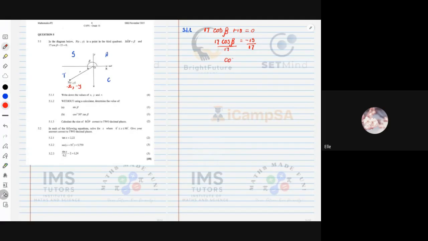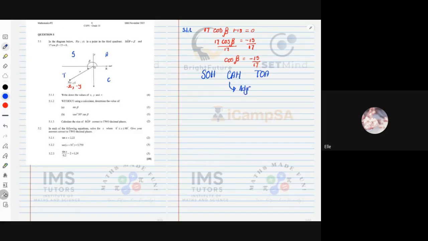So essentially cos beta is equal to minus 15 over 17. And remember that cos, let's bring back SOHCAHTOA. So cos deals with what? Adjacent and hypotenuse.